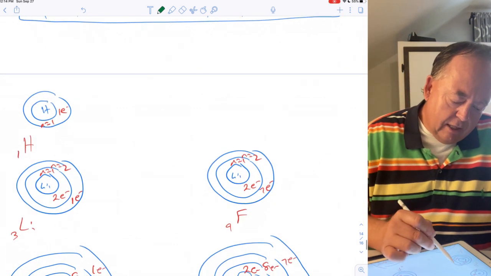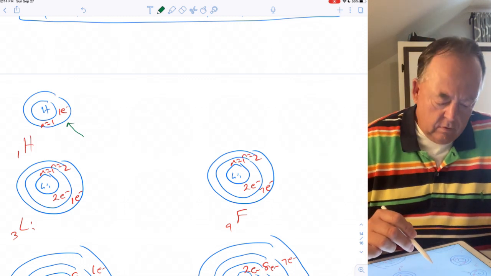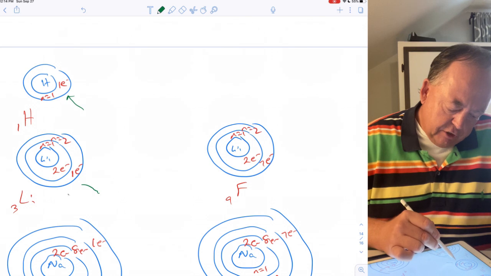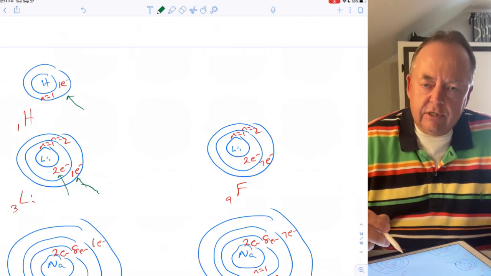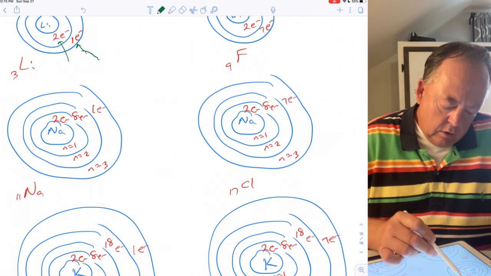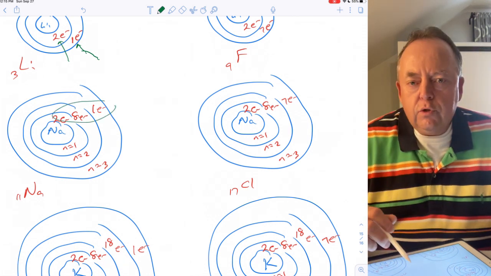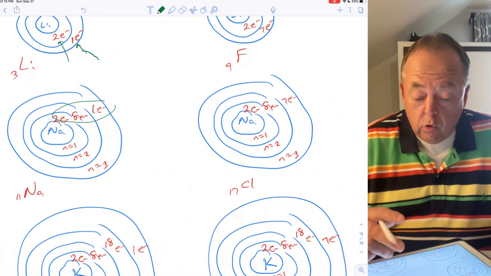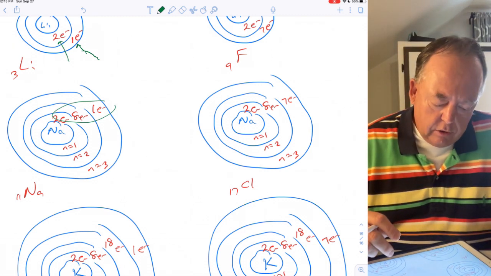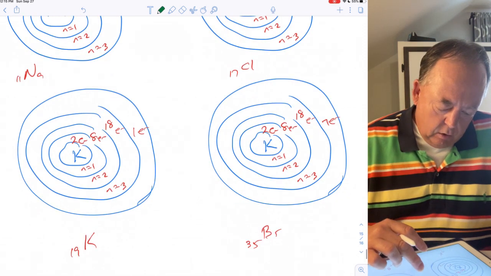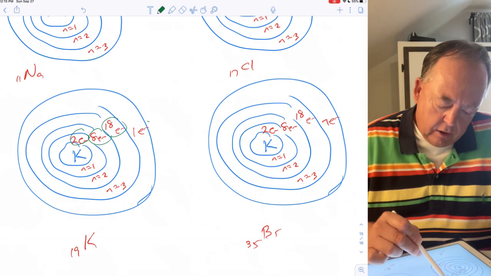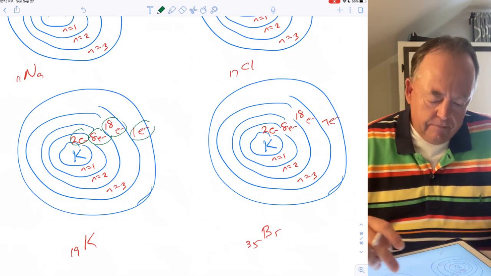So hydrogen's got 1 electron, so it would be in the first shell. Lithium has 3 electrons, so 2 would be in the first shell and 1 would be in the second shell. Sodium's got 11 electrons, so according to the Bohr model, the first can hold 2, the second can hold 8, and then in the third, you only have 1 more to go, so the third would have 1 electron. Or if you went to potassium, you could put 2 in the first, 8 in the second, 18 in the third, and then you have 1 in the fourth shell.